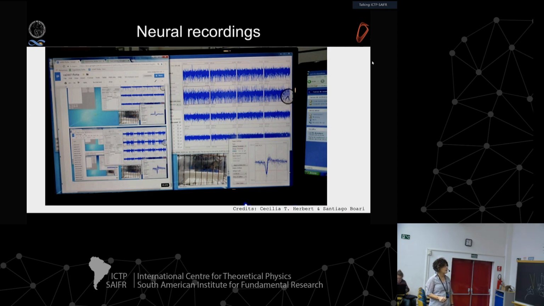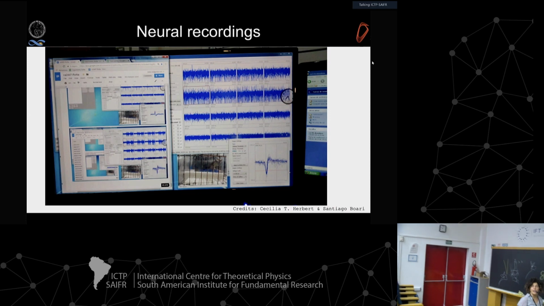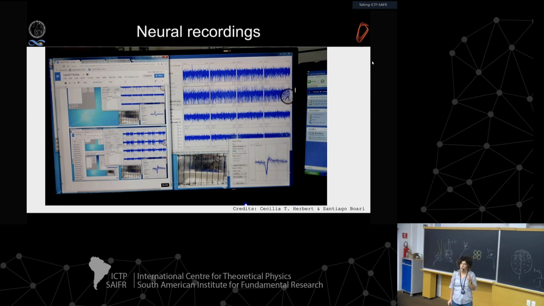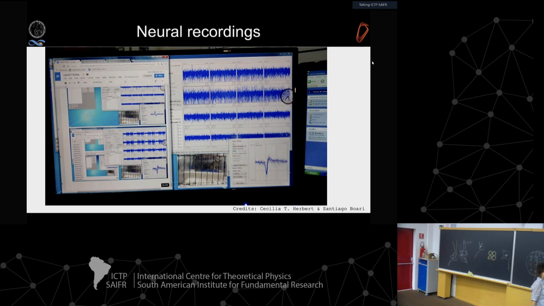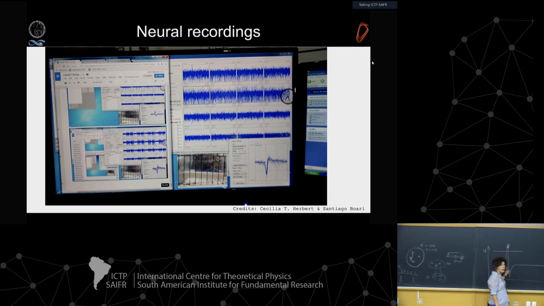And these are other examples of previous recordings. And hearing the neurons, so each spike is a click. This is why you can hear spikes. And these are voltage changes.